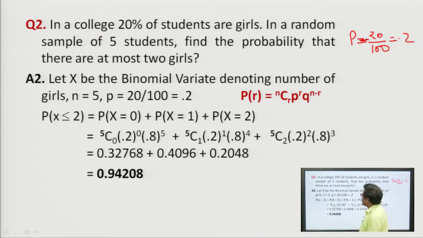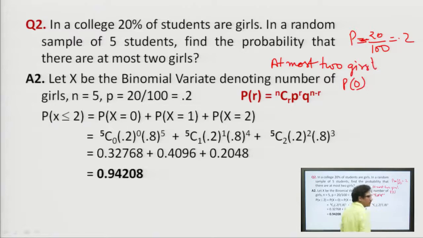There are 5 students to be chosen, and at most 2 girls. At most 2 girls means three cases: the first case when no girl is chosen, the second case when one girl is chosen, and the third case when 2 girls are chosen. So there are 3 cases which form the case of at most 2 girls.